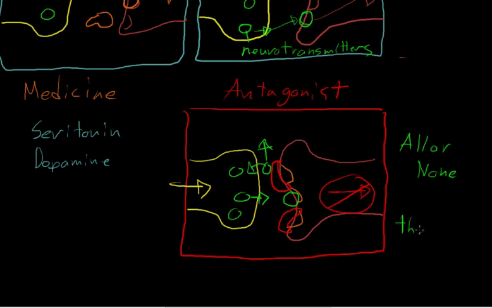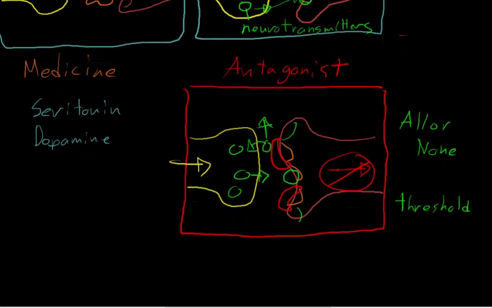Threshold is a good key word. Threshold that you have to have, maybe 50% or more of the little receptor things filled up. And so the antagonist will come in and block the effect of whatever natural neurotransmitter is in there.